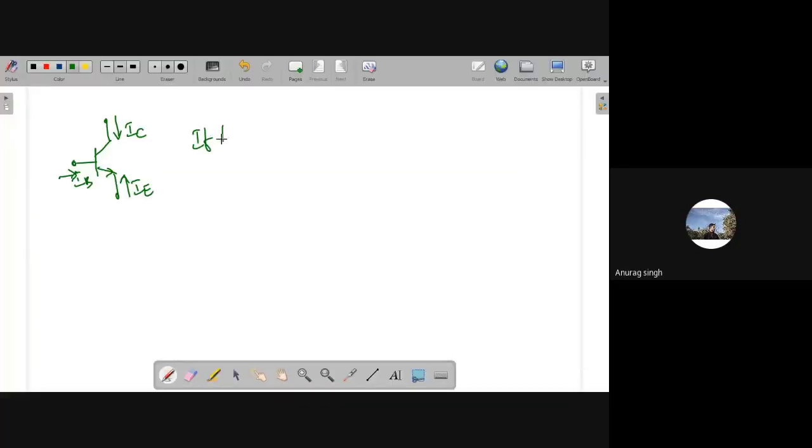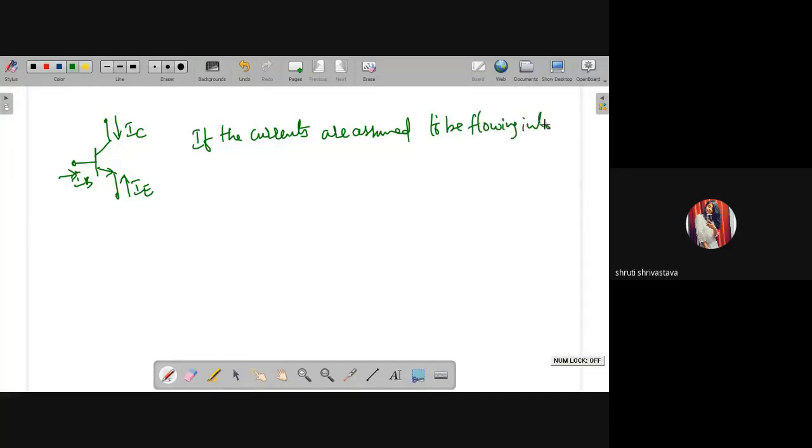If you take a transistor, we are assuming in this transistor all the currents are into the transistor, IE, IB and IC. This is a BJT transistor, and from the arrow mark direction of the emitter, you can guess it is an NPN transistor, for which all the currents are into the transistor.